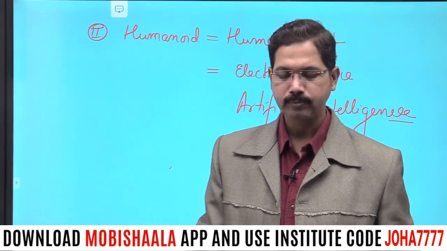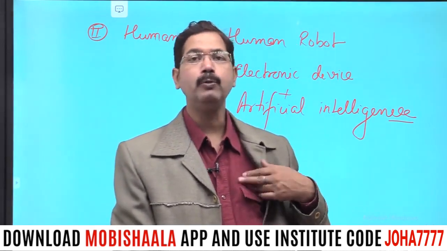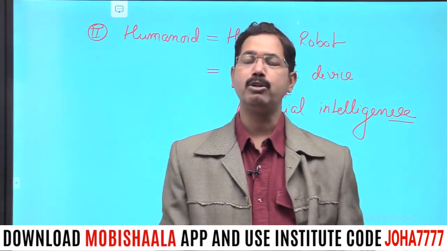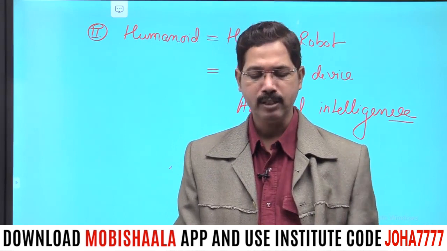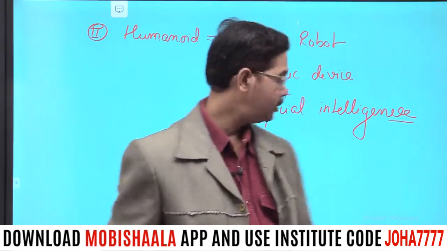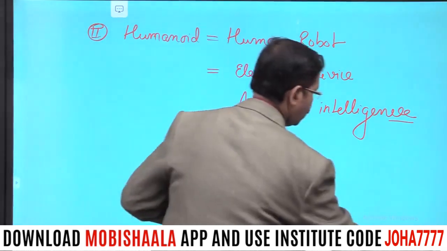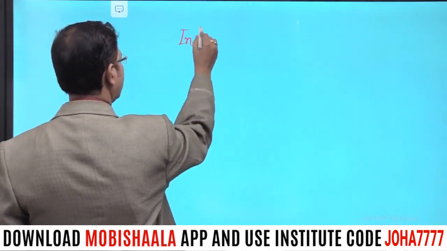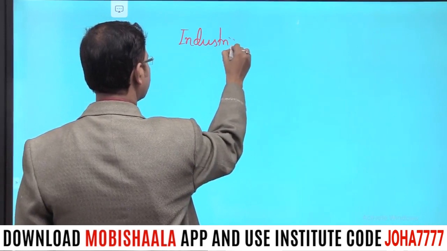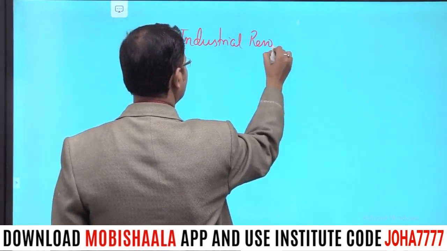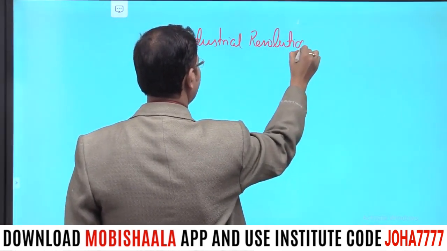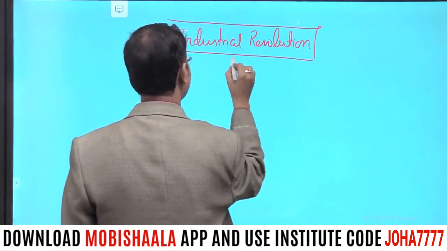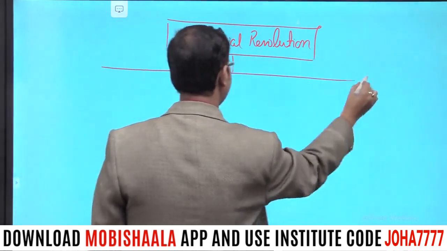So in brief I am telling you what is the first industrial revolution, what is the second industrial revolution, and what is the third industrial revolution. For the purpose of knowledge, the fourth one you know, the fourth one I discussed, so remaining 3.